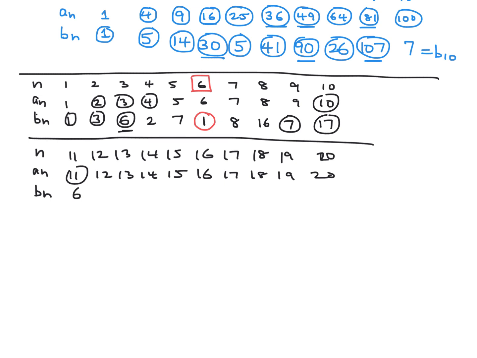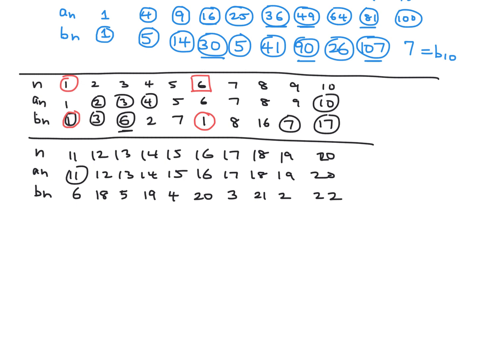Yeah, and then 18, 5, 19, 4 for n is 15, 20, 3, hold on, 3, 21, 2, 22. Okay, so far we only have just this guy that's a 1, and then 1 when n equals 6.